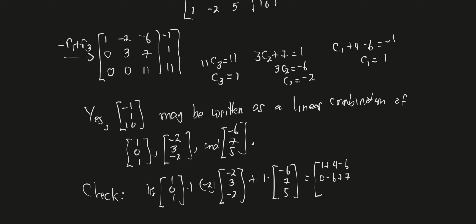And then in the third component, we have 1 plus 4 plus 5. So 1 plus 4 plus 5. And where is the drum roll? Where is the confetti? Something. So we got negative 1 and 1 and our 10, right? So it does work, right?